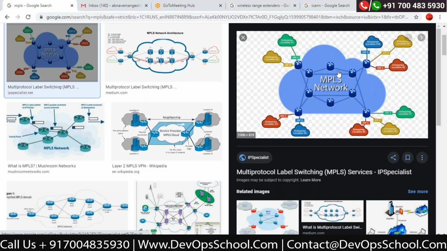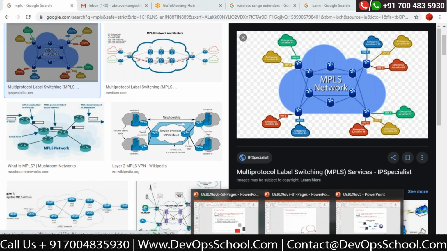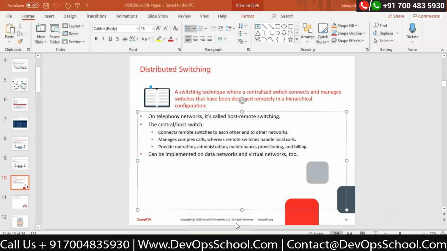This is very fast. People say you are supposed to get 100 Mbps, 50 Mbps. How is it possible over the internet? This is possible because they are using MPLS service to make the connectivity. It is the same technique they talk about in distributed switching, correct?